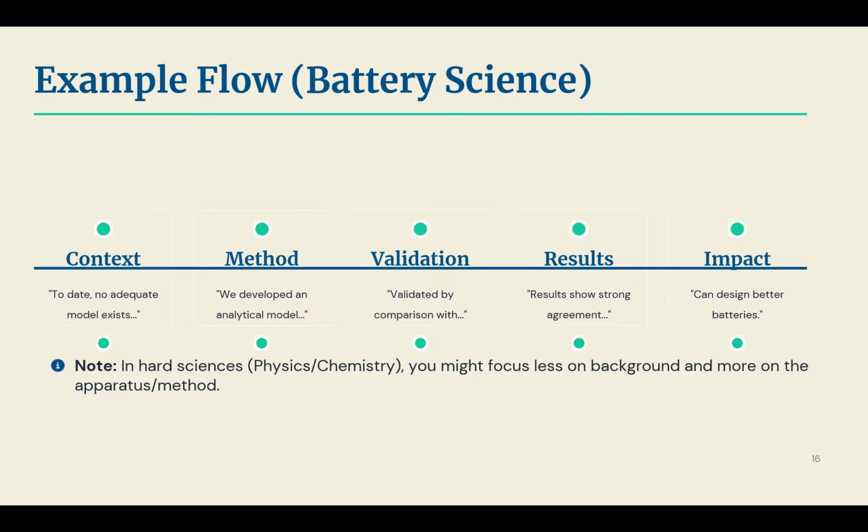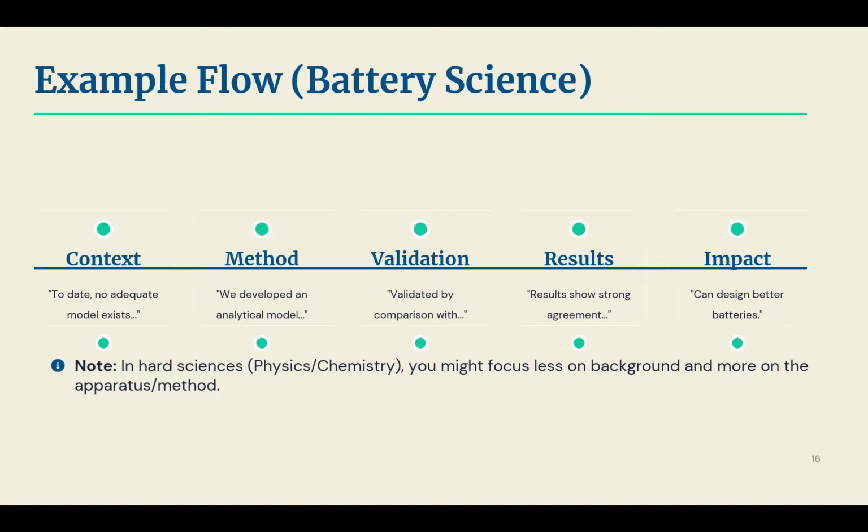You have to keep in mind when you're dealing with abstracts in hard sciences, particularly physics and chemistry, background knowledge is not much significant, but particular methods and apparatus make the bigger picture. Now this is about battery science. Look at how these dots are connecting from one to the other.